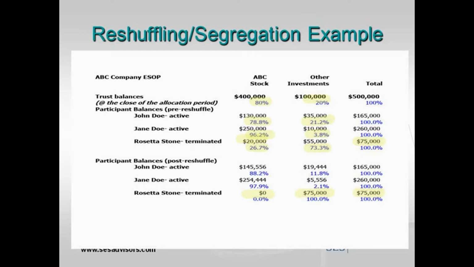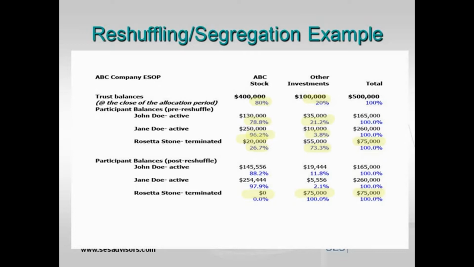And frankly, a lot of plan sponsors would rather not see these terminated participants enjoying a ride up in the employer security value over time, because like most ESOPs, you probably have deferred your distributions for up to 5 years for larger balances. For anything larger than, say, a $5,000 or $1,000 balance, you typically defer payout for 5 years, and that's designed to give you, as a company, time to budget for and fund your repurchase obligation.